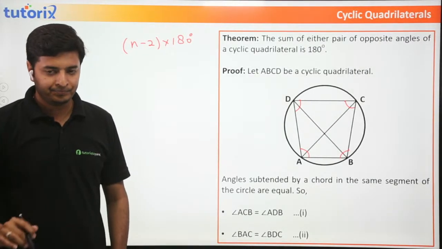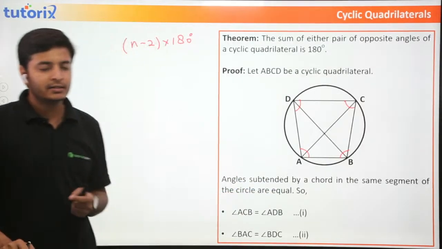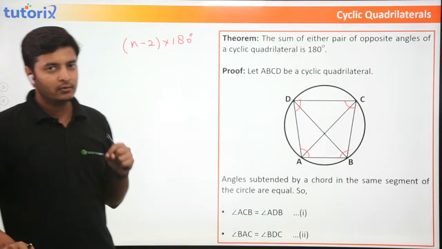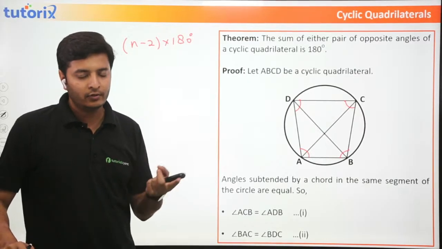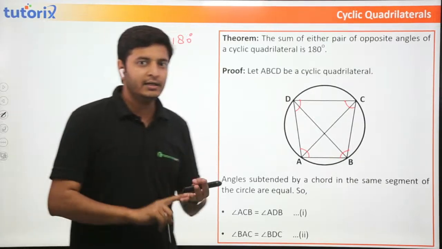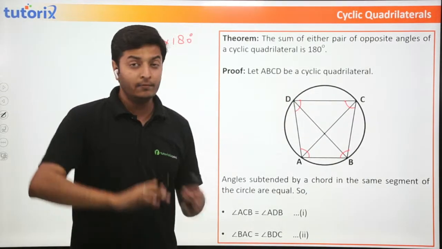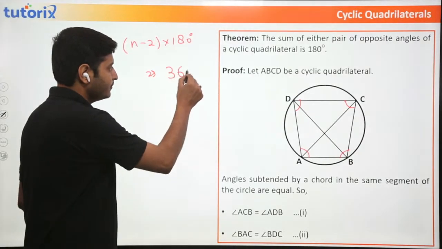In a quadrilateral, n is 4. 4 minus 2 is 2, 2 into 180 degrees is 360. So the sum of all the interior angles of any quadrilateral will always be 360 degrees.